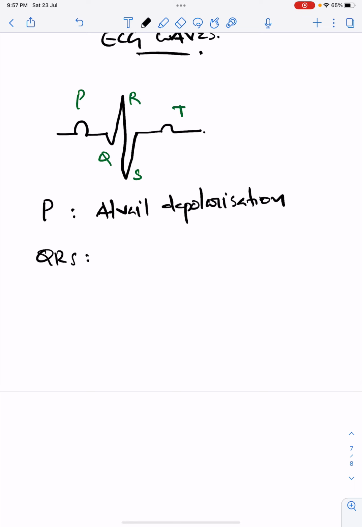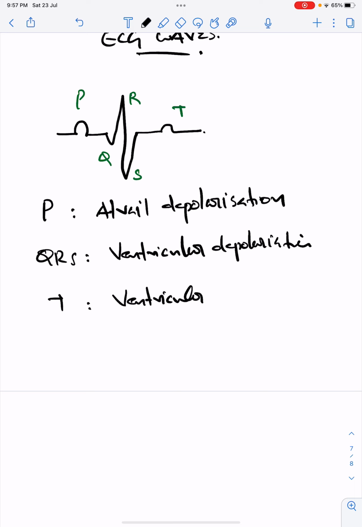QRS corresponds to ventricular depolarization. T wave corresponds to ventricular repolarization, that is the relaxation of ventricles.